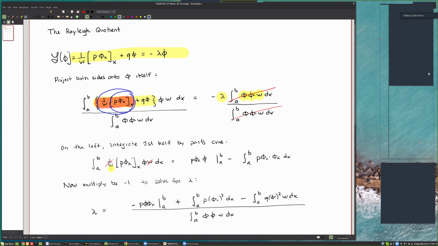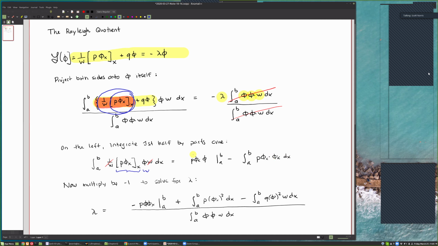It's 1 over W times P phi x, times phi times W. The W's cancel. And then when I integrate by parts, I let this be the thing I integrate and this be the thing I differentiate. First I integrate this and I get p phi x times phi, and then minus the integral of p phi x times phi x. So that's another manipulation that I can do.